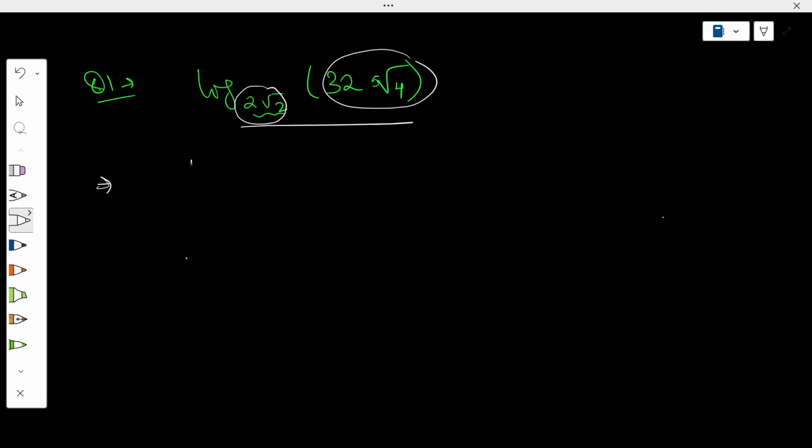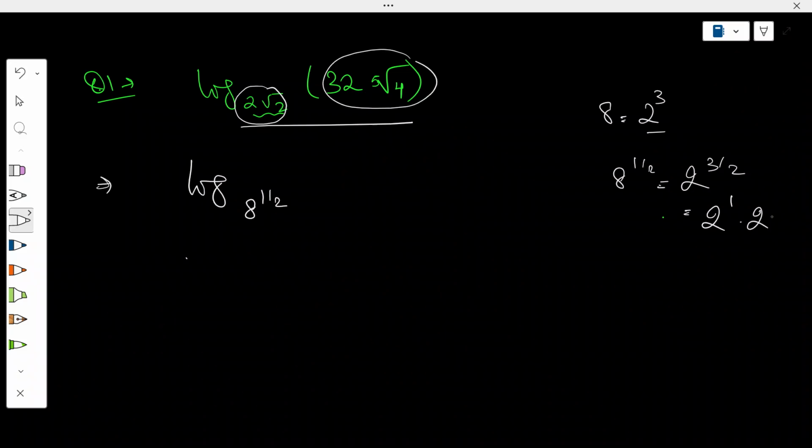So what you can do is, you can write 2 root 2 as 8 to the power half, because 8 is equal to 2 to the power 3, and 8 to the power half is 2 to the power 3 by 2, and this can be written as 2 into half, and this is 2 root 2.